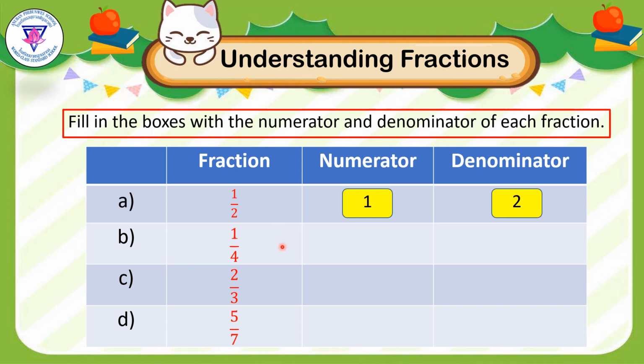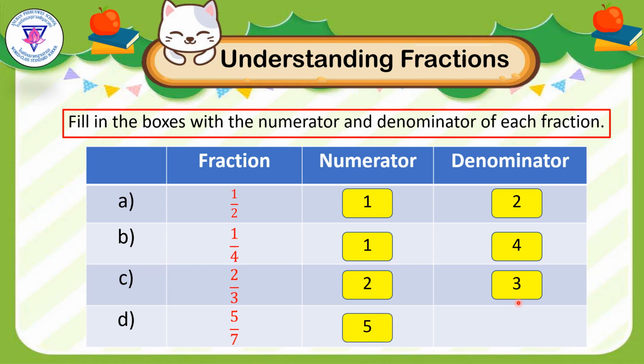Letter B. Numerator is 1 and denominator is 4. Okay. Letter C. 2 and 3. And letter D, we have 5 and 7.